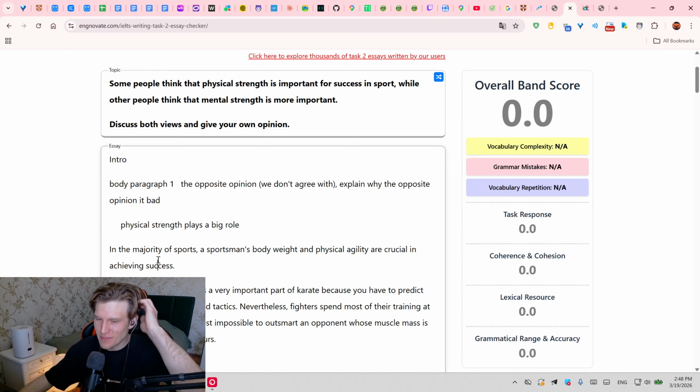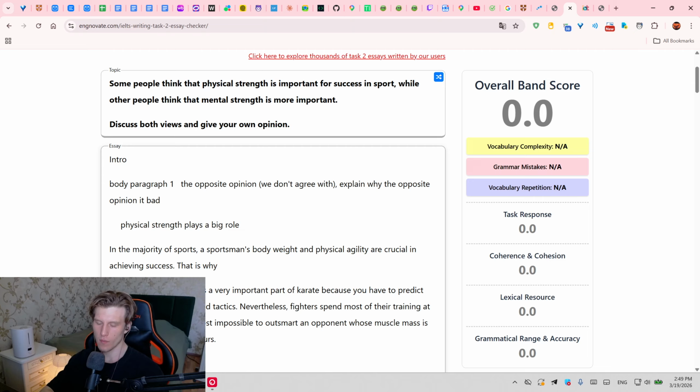Okay, so where were we? A sportsman's body and physical agility, crucial in achieving success. That is why... Is that the right spelling? Yeah, it's the right spelling.